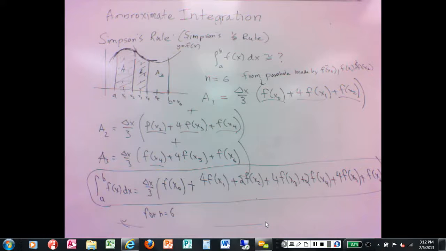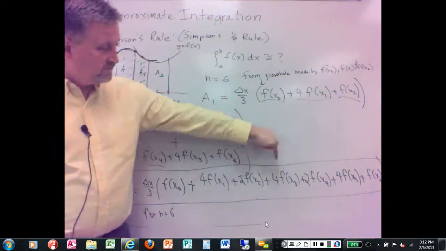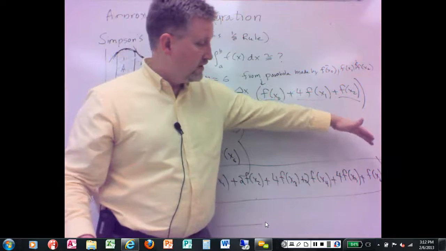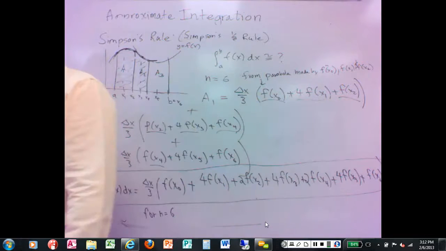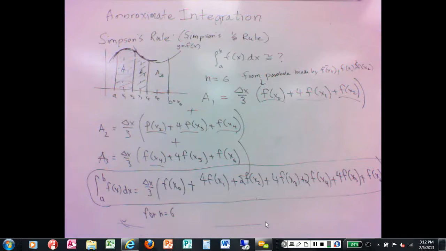But anyway, do you see the pattern here? What if I went to n equals 8? Well, it would follow the same sort of pattern. What have I got? The first one is just 1 times it. But then I've got 4, 2, 4, 2, 4, and then the last one. See that?